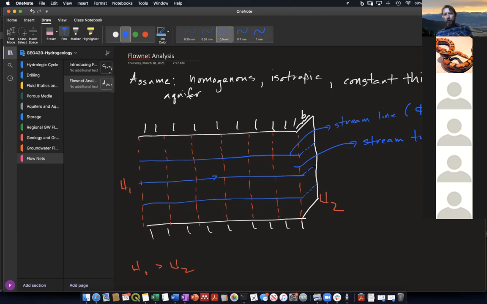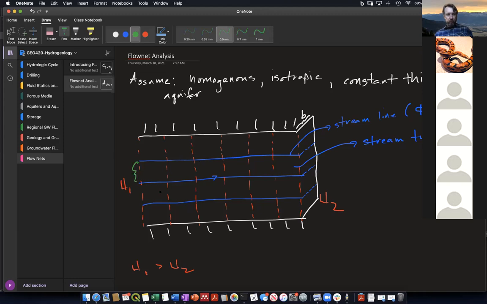All right, so I've got two streamlines, phi, and a stream tube between them. Okay, so let's focus in. I'm going to draw just one of these stream tubes. So for example, this stream tube, we're going to isolate it and draw just it.